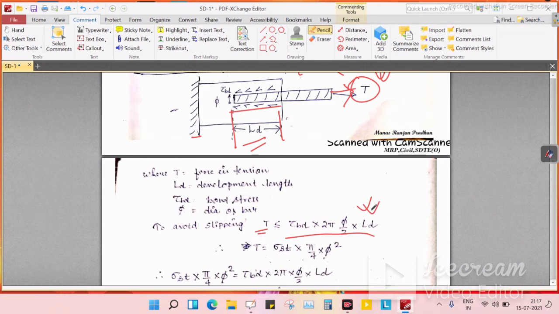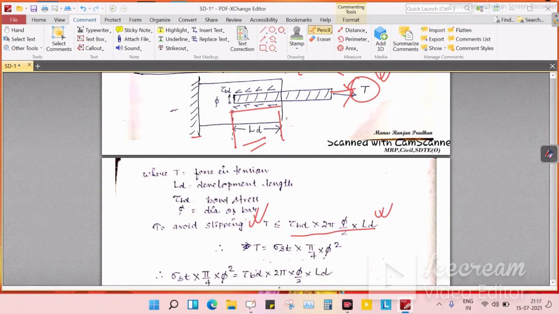Okay, so that is T should be less than tau BD into 2 pi into phi by 2 into LD. Okay, this is one condition. To avoid slipping, T should be less than this much value.